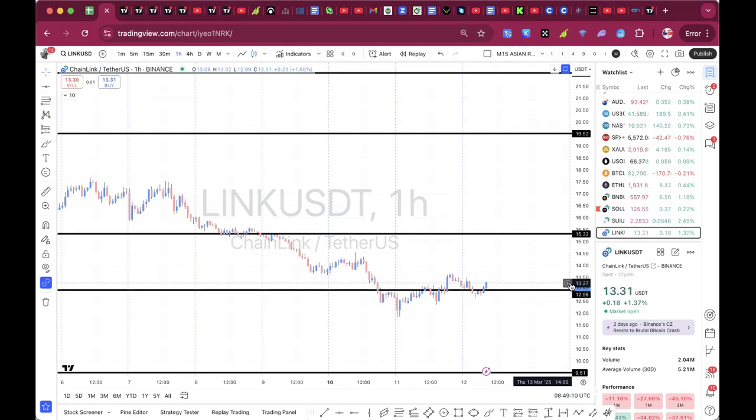Then structure basically has 2 things: a high and a low, what we call swing high and swing low. Then trend is now the different structures. So structure has swing high and swing low, and trend has different structures.